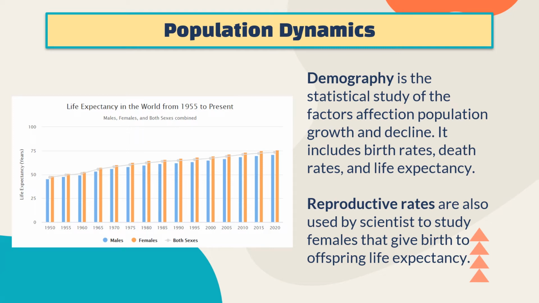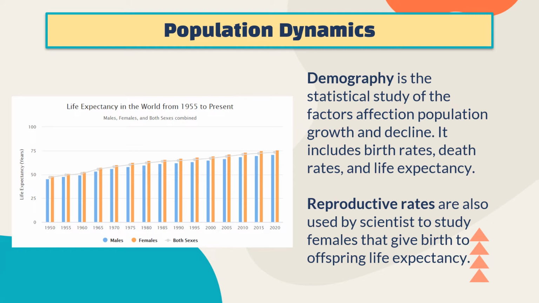The ability of an organism to reproduce depends on the energy an organism acquires in the environment, which is also needed for growth and development. For example, sa ating mga tao, as I've said, mas maraming namamatay ngayon because of the pandemic, during the first season of the pandemic. The survival of the offspring also depends on the provided parental care.